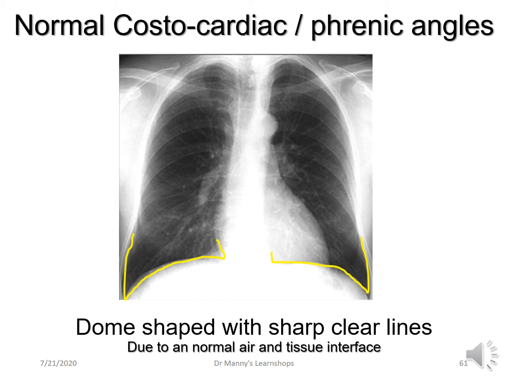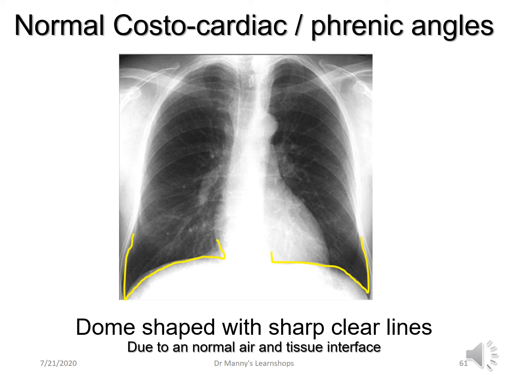Then we have normal costo-cardiac and phrenic angles. The costo-phrenic angles are to the outer, the sharp point to the outer on the right and left side, and the costo-cardiac angles are close to the heart. And they are typically, not always, sharp and clear lines because of the normal air tissue interface.